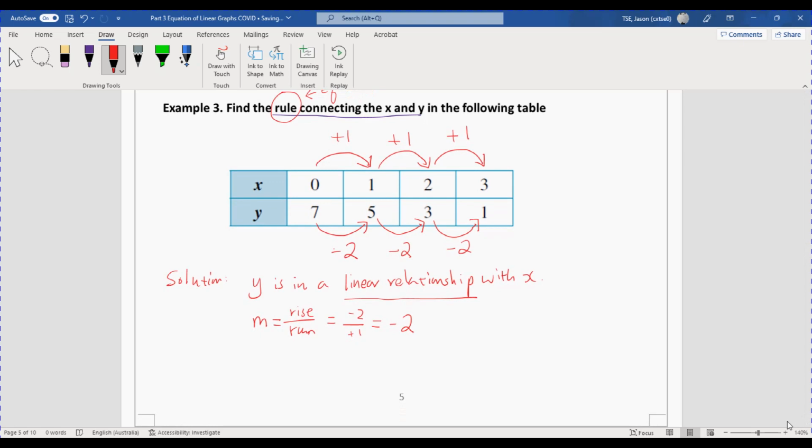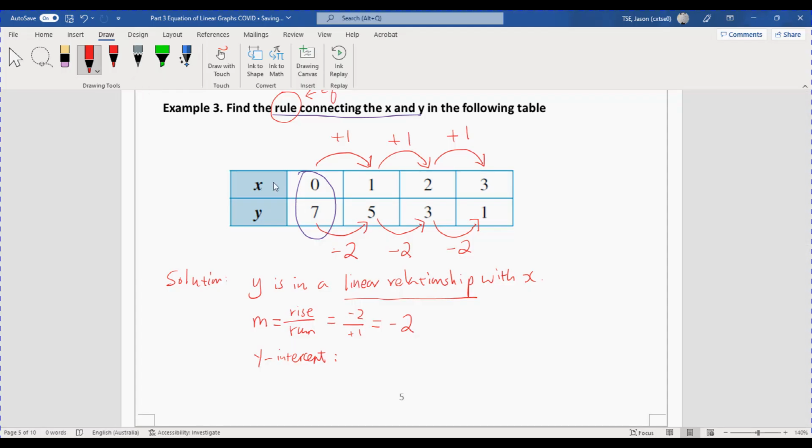And how about the y-intercept? For the y-intercept, you need to find the pair of values where x is 0. So that's very important information. Do we have such a point? Yes. When x is 0, y is 7.